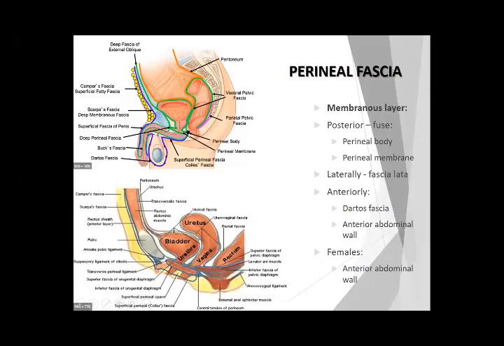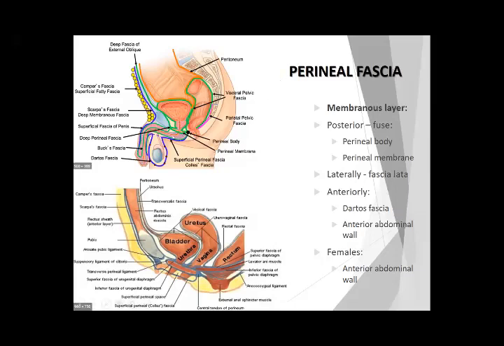In both the genders, this membranous layer posteriorly fuses with the perineal body and perineal membrane. Males में different है.